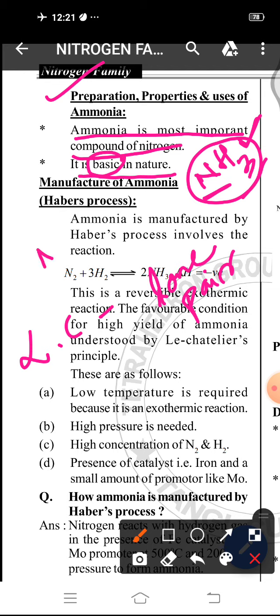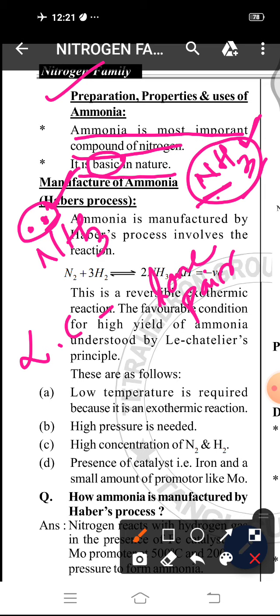In NH3, there is a lone pair of electrons present on the nitrogen atom. Due to the presence of this lone pair on the nitrogen atom, NH3 acts as a base, or it is basic in nature.